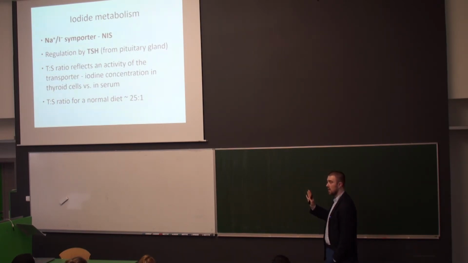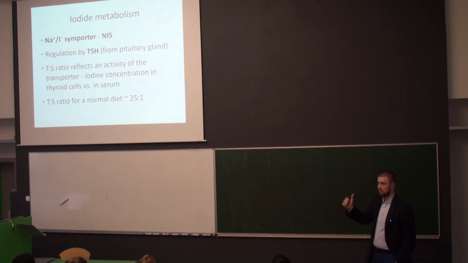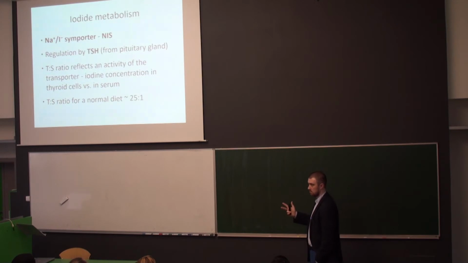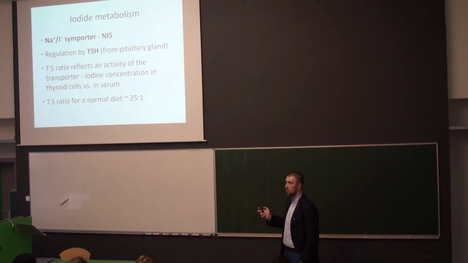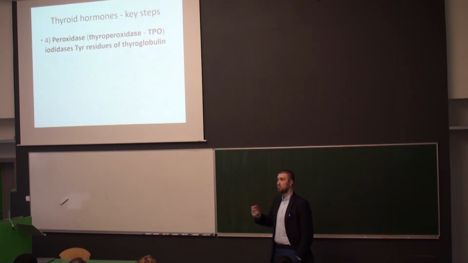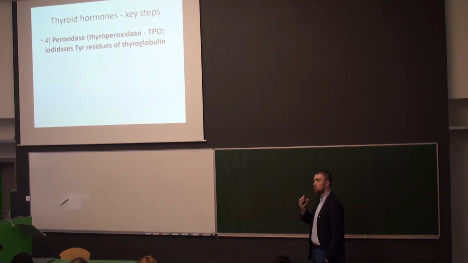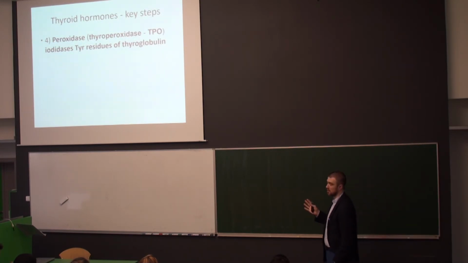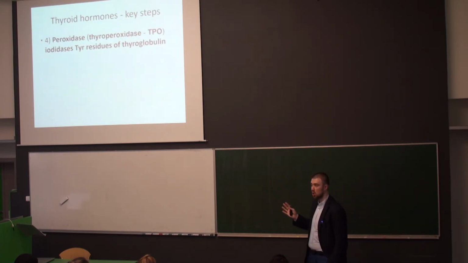What we have right now is the precursor molecule thyroglobulin, we have the iodine, and we have the enzymes. And what we want to do right now is to put the iodine onto the thyroglobulin molecule. To do this, we have the enzyme that's called thyroperoxidase, abbreviated as TPO.